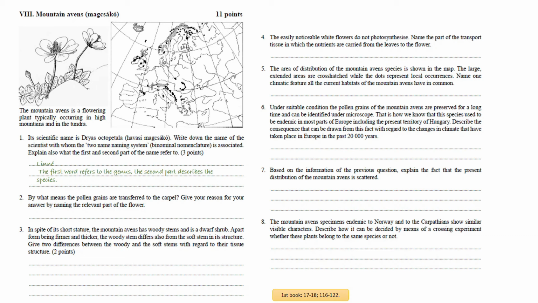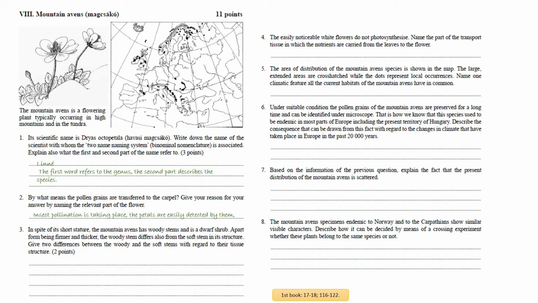By what means are the pollen grains transferred to the carpel? Give your reason for your answer by naming the relevant part of the plant. So we know that the carpel is the female reproductive part of the flower, and basically flowers with large and brightly colored petals are easily noticed or detected by insects.